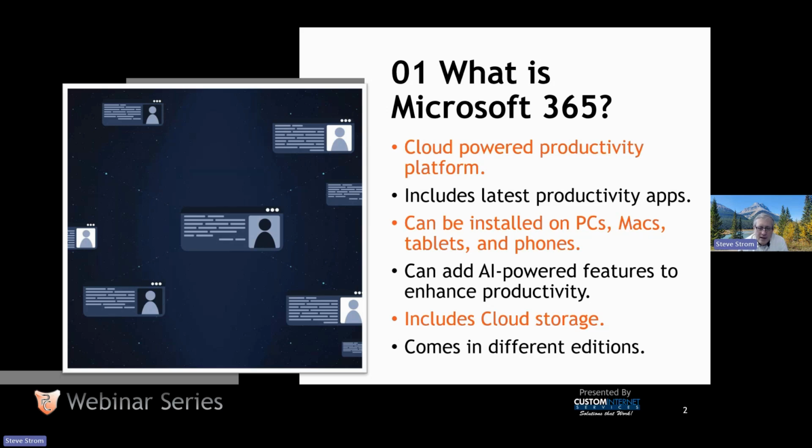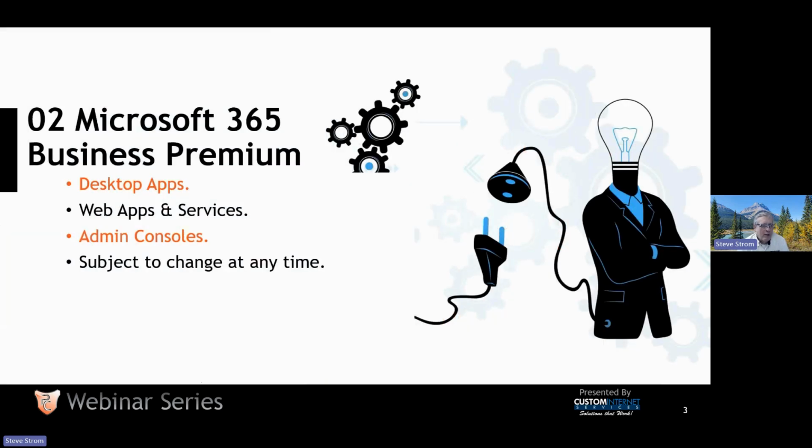For our purposes today, we're going to focus on Microsoft 365 Business Premium. And we're focusing on this one because this has shown to be a very good balance of productivity, security features, and cost to give you, honestly, a huge bang for your buck as you get into this.